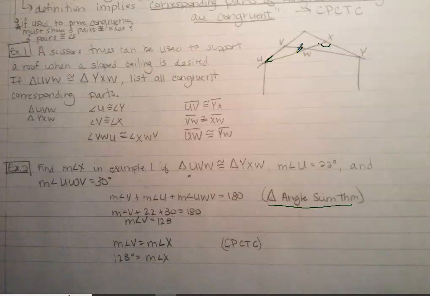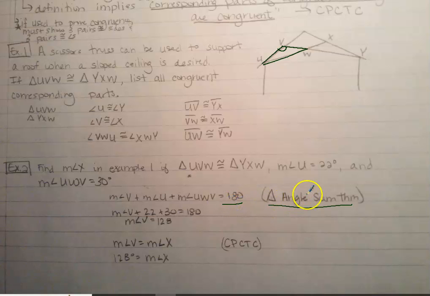We just described in example 1 all the congruent parts. We know that angle Z, or V, pardon me, here, is congruent to angle X. Awesome! These two are equal. So if I know this one, I can solve for angle X. And how I do that is by saying, well, I can find the measure of angle V. I know angle V plus angle U plus angle UWV, all of these angles sum to be 180.